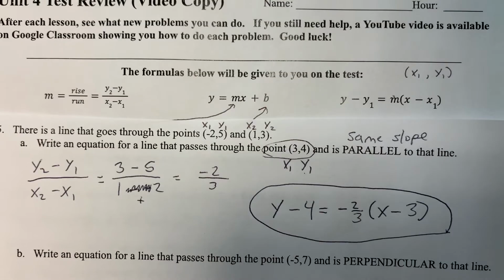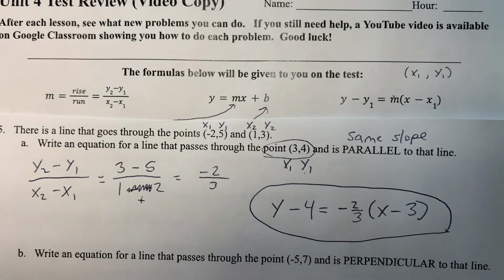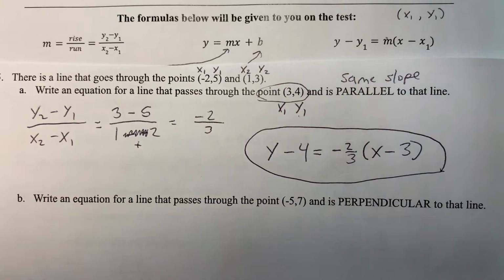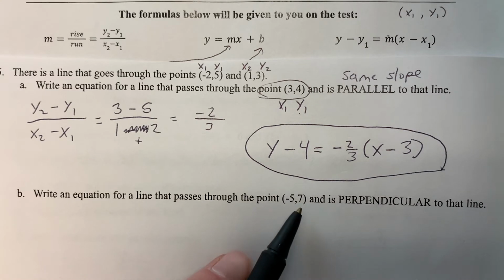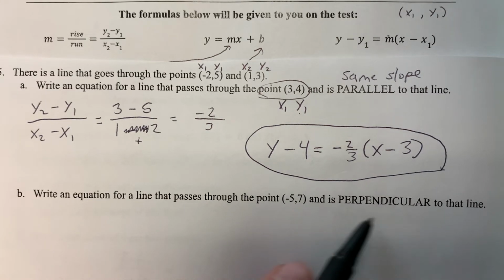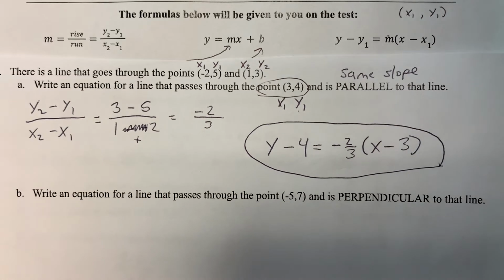All right, on to part B. So this time we want it to be perpendicular to the line, and we want it to go through this point. So being perpendicular means we have to make a little adjustment to the slope.